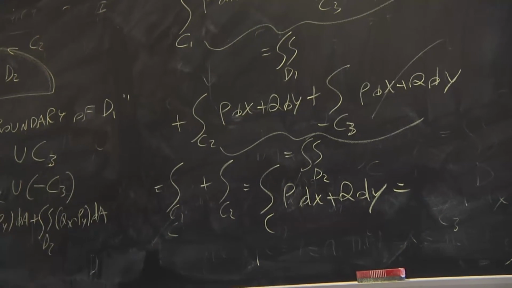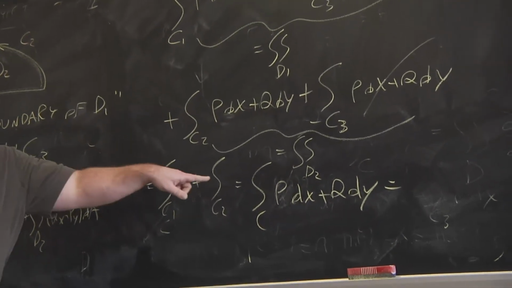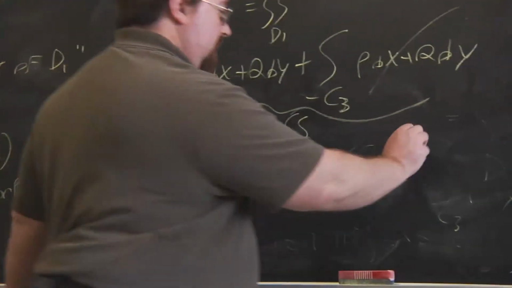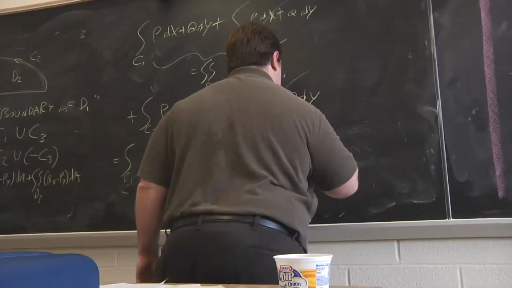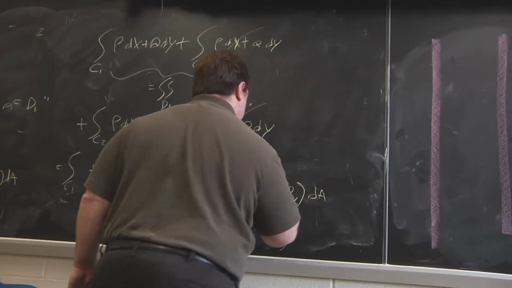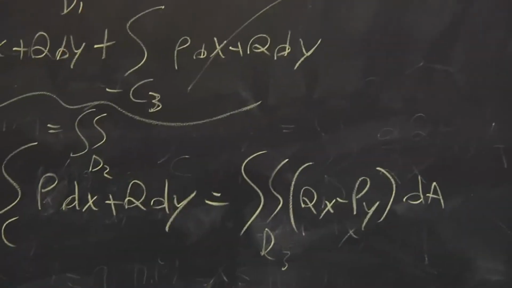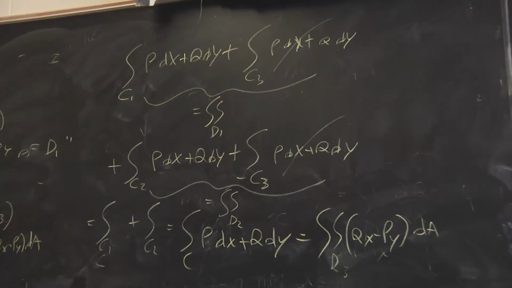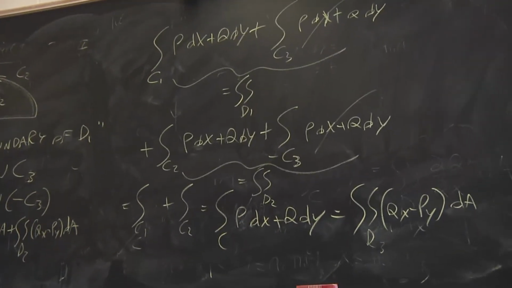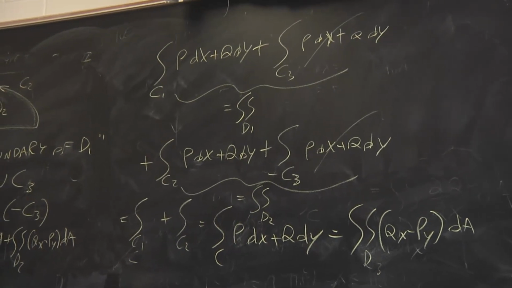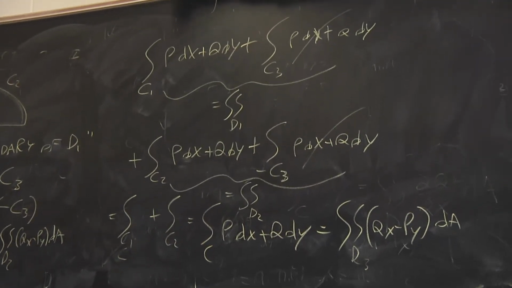And because you've used Green's theorem on each subdomain, that is equal to that. So Green's theorem applies on the union of domains like this, and you can repeat this process to apply to any finite union of simple regions.